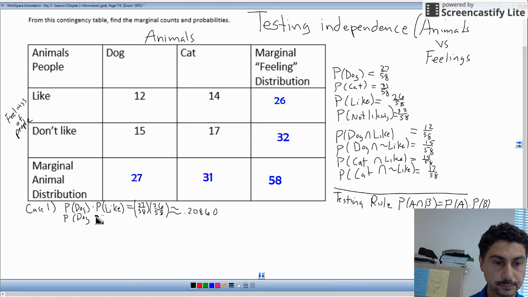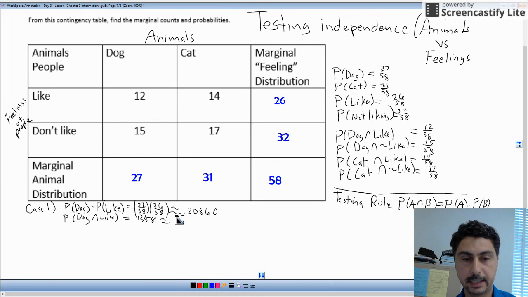And now we have to finish the case, and we have to deal with the probability of the dog and liking. According to this one, it's 12 over 58. Again, I'll put my approximation down, and I'll use my calculator, and it tells me that 12 divided by 58 is 0.20689.